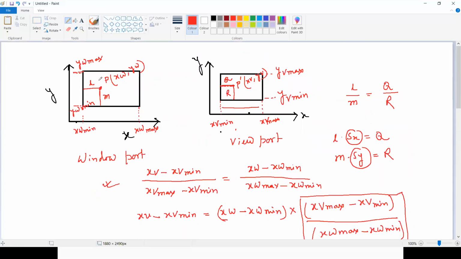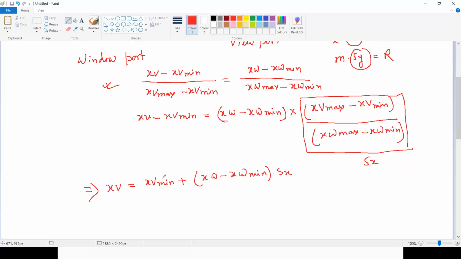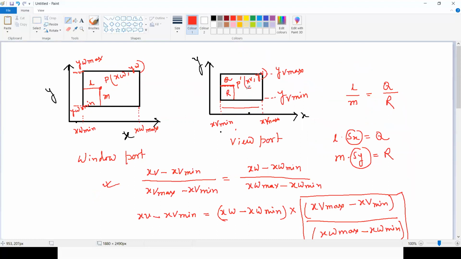In the world coordinates, we know the position of xw and yw. So by using the value of xw min and xv min, we can find out the relative position of xv for the point P dash.